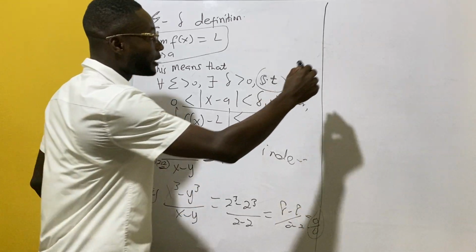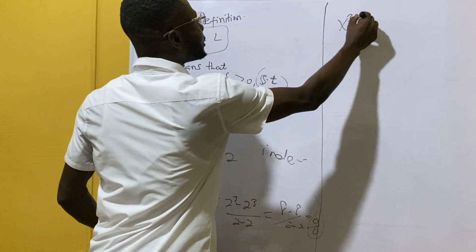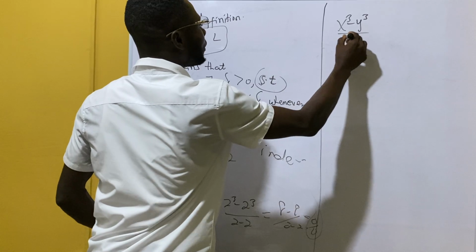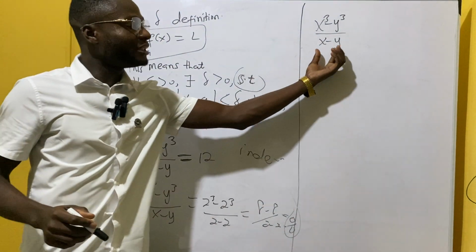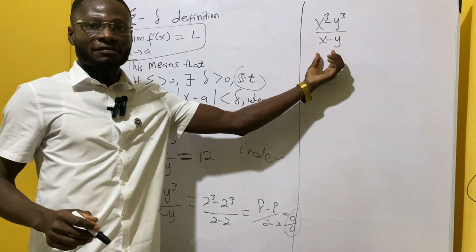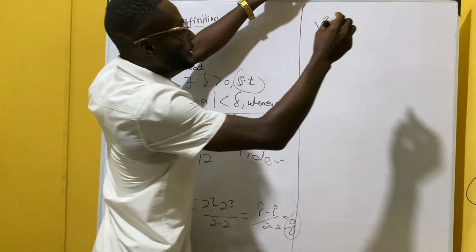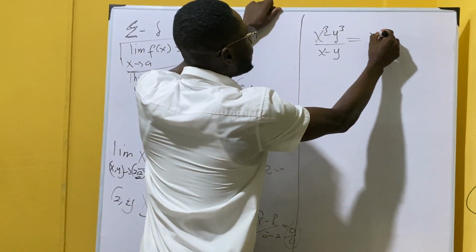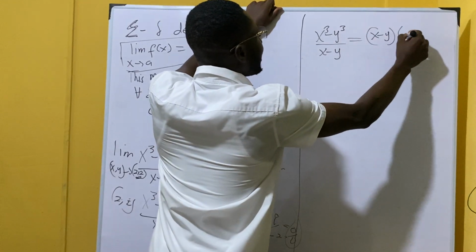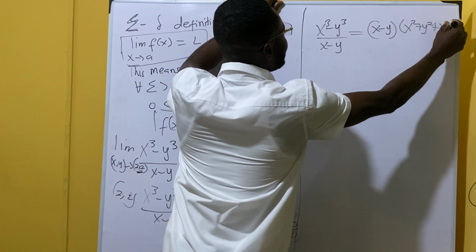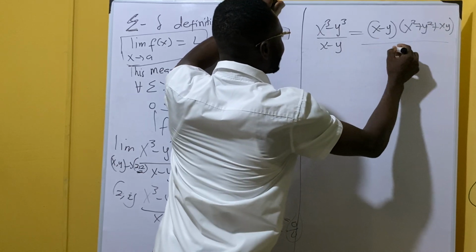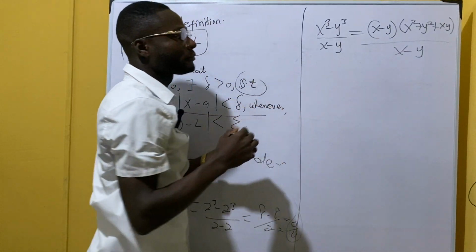So we come up here, x cubed minus y cubed all over x minus y, and we want to reduce this to a polynomial function. This is the same as (x minus y)(x squared plus y squared plus xy) all over x minus y.